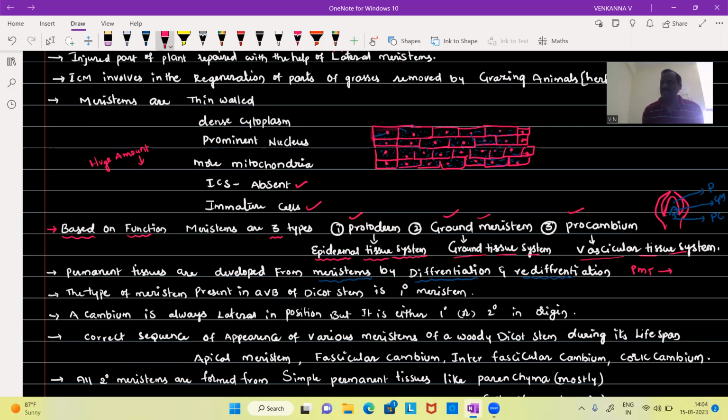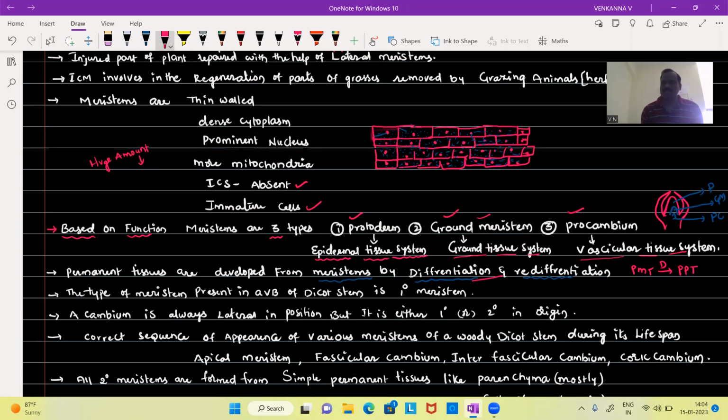One cell loses its capacity to divide and develops into a primary permanent cell. A group of primary permanent cells is called primary permanent tissue, present in the primary plant body. All these primary permanent tissues are formed by the differentiation process, not dedifferentiation, differentiation process.